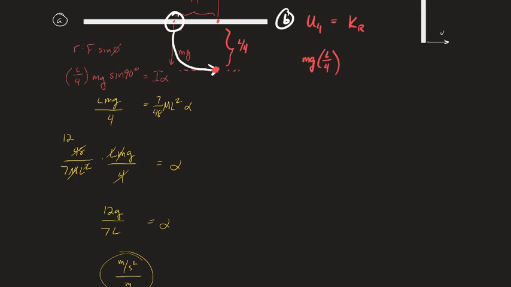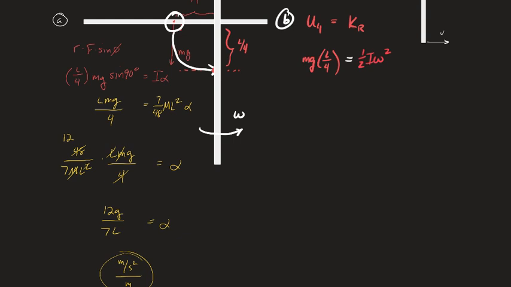Now, when the actual bar does twist downwards and is right about there, and it's moving, well, it's going to have a rotational speed given to it by the fact that it accelerated the whole time due to gravity, but that rotational speed is going to have to be related to the amount of energy in the system, 1/2 I omega squared.